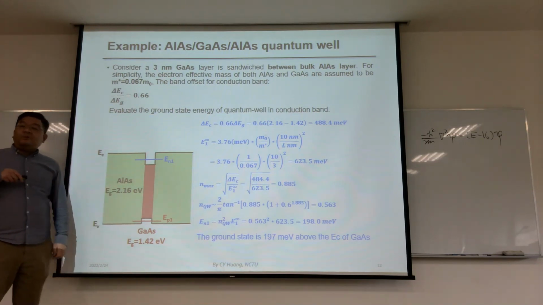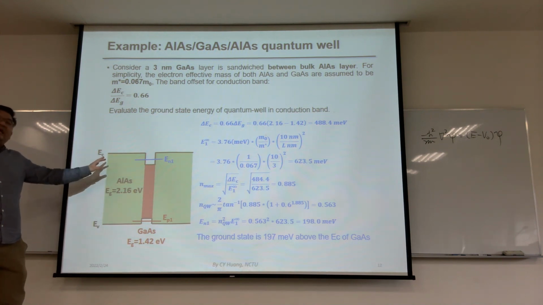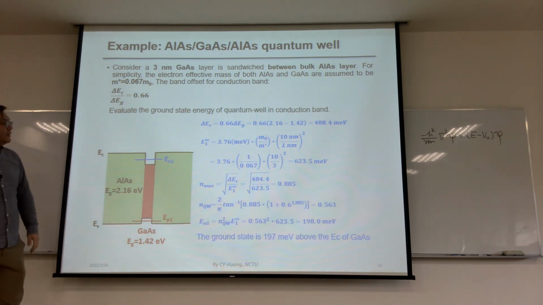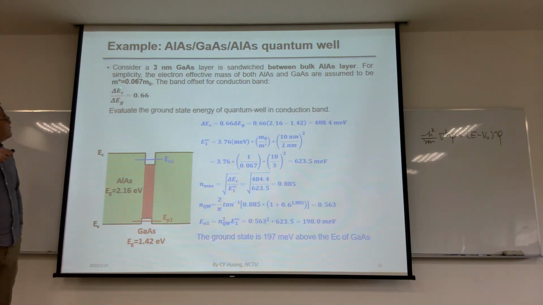Second, because we need to normalize it with the ground state energy of the infinite quantum well, we have a relation here. So what's the ground state energy of the infinite quantum well? We just put the numbers in. The effective mass m is equal to 0.007, and the quantum well is 3 nanometers.